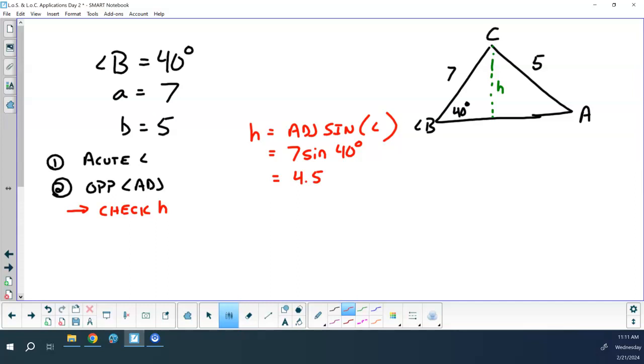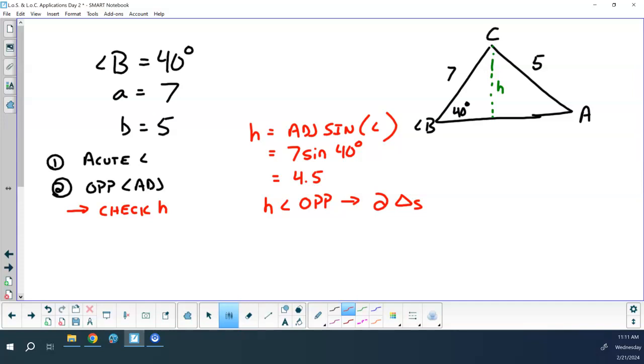All right, so that's 4.5. That means that my height is smaller than my opposite side, which requires me to find how many triangles? 2 triangles. Okay. So all of that needed to be done before we could even go and now try and solve the triangle.